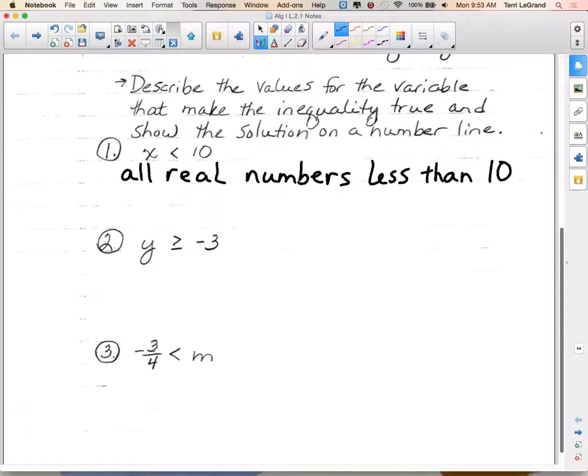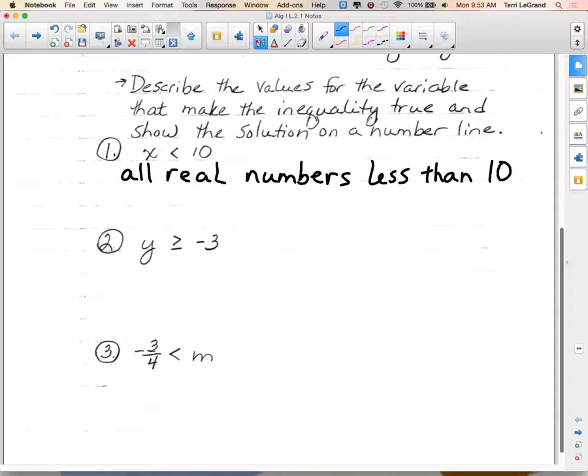Can you name the first number less than 10? No. You can't. But what we're saying is it's right up to 10, can't be 10, and there's an infinite number. There are so many numbers, just between 9 and 10 alone. But then it's also any other number that is less than 9, and it just goes on forever and ever.